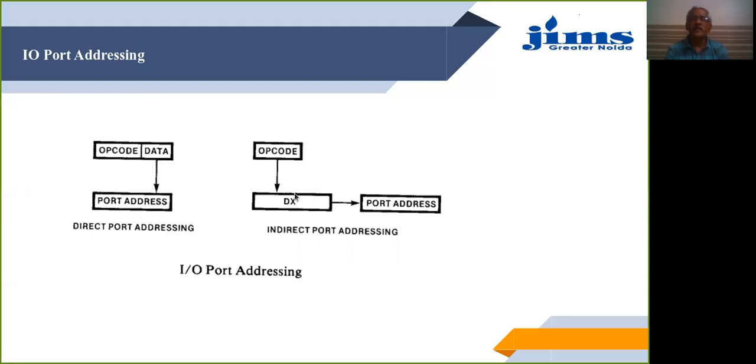If it is a case of indirect addressing, the port address will first be saved into the register DX. Now DX contains the address of the port. So a reference to DX in the IN and OUT instructions will lead to reading into the accumulator or writing the value of the accumulator at that particular desired port.